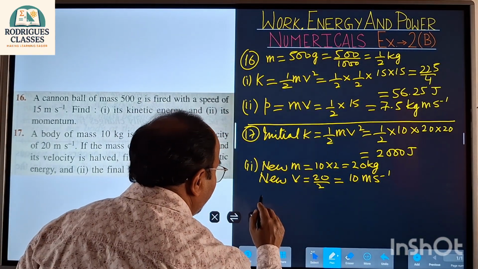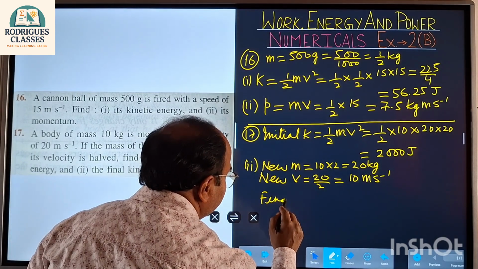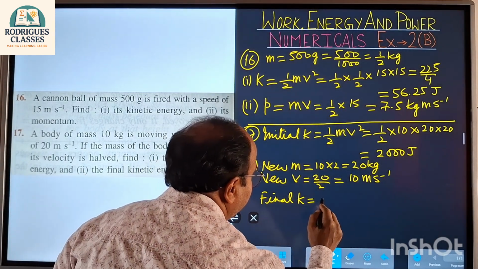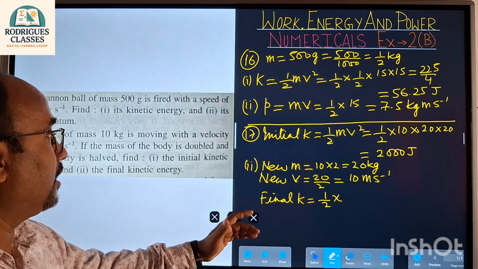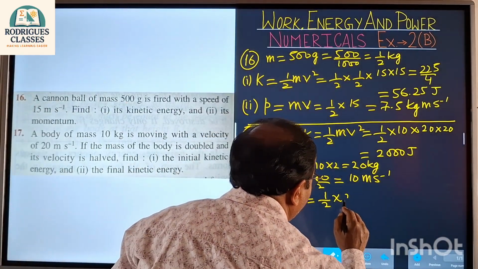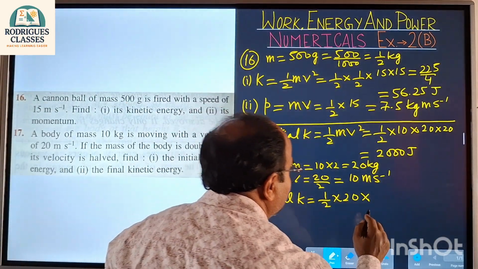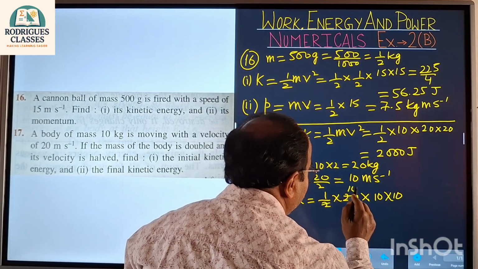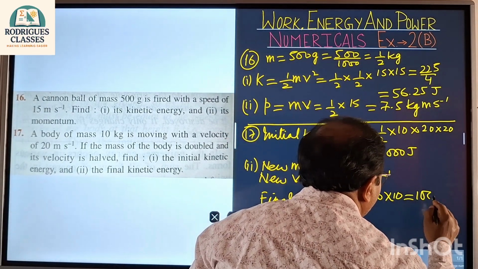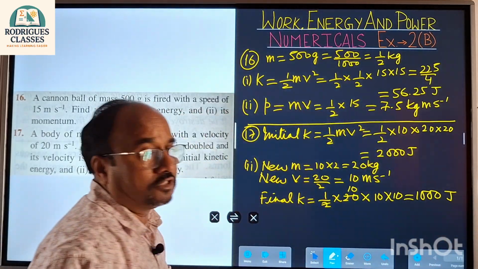So we can go to find the final kinetic energy using the same formula. So I am not writing the formula again. Mass is now 20 and the velocity is 10, so 10 into 10. So this will give me 10, and all multiplied 10 here gives you 1000 joule.